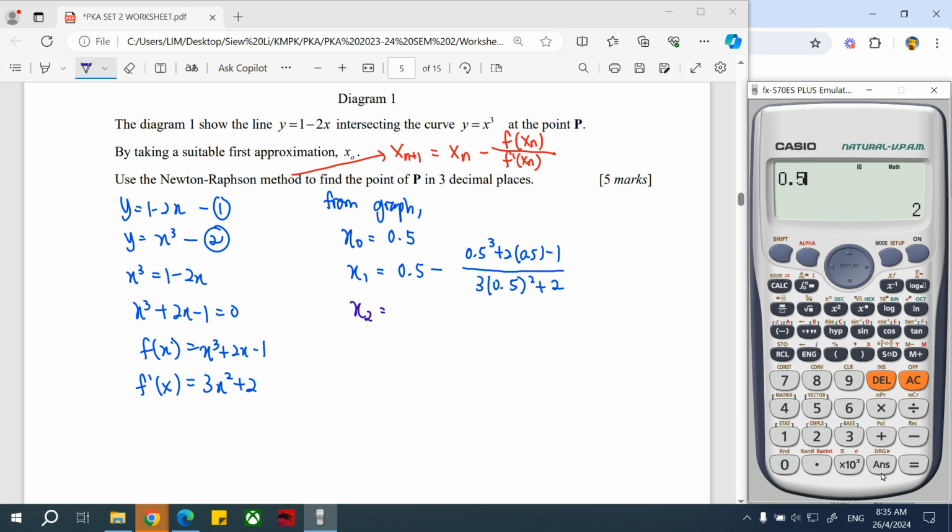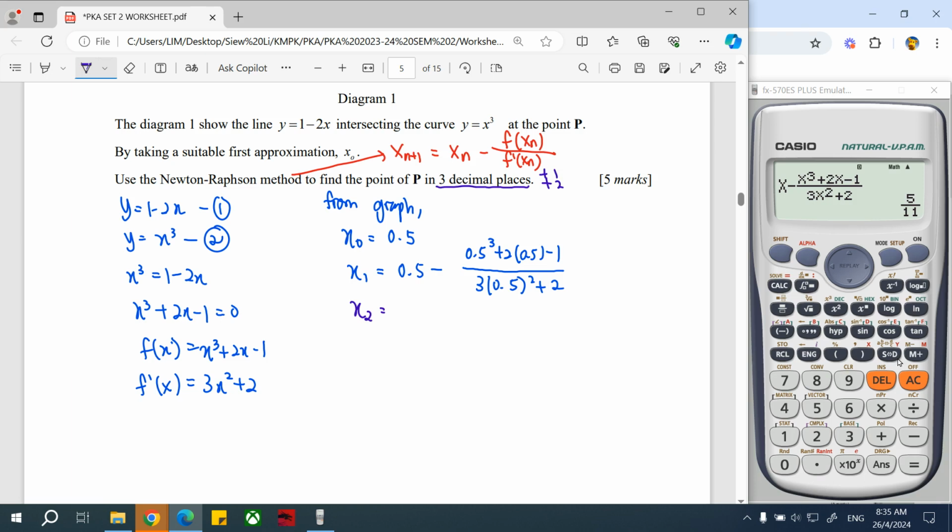Initial value 0.5, you substitute, and we get a fraction. But the Newton-Raphson method is a numerical method, so we want it in decimal. In your final answer, only give 3 decimal places. Meanwhile, in working, we will add 1 or 2 more decimal places to avoid rounding error.